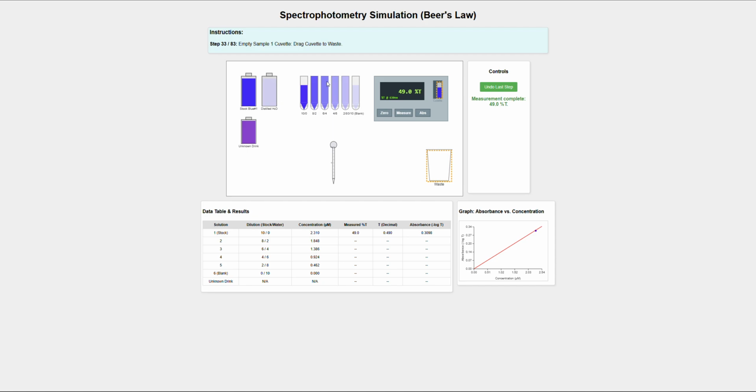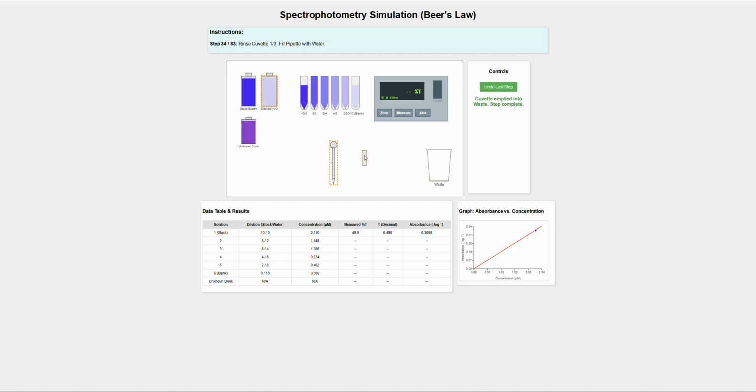Each dot that we get from each sample will be placed on the graph, which will showcase whether Beer's law is correct or not, on whether it's a linear line on each sample. This side over here, we have a table and the results. So for example, the 10 milliliter has 49% showcased right here, and it has an absorbance of 0.3098.